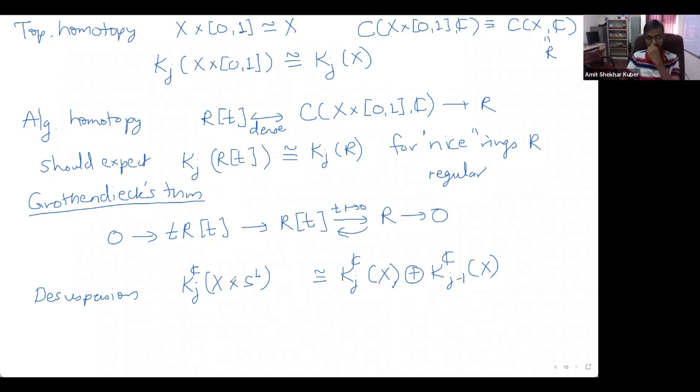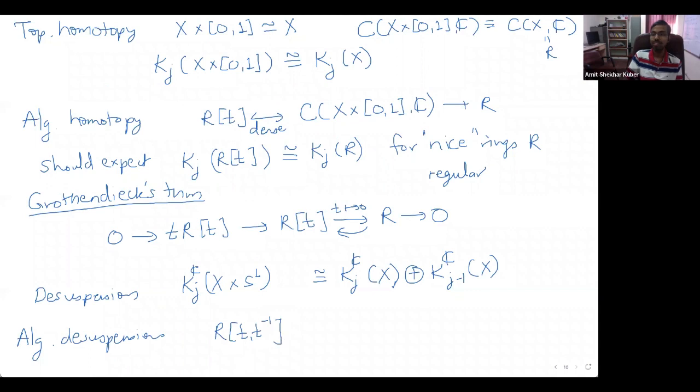What is the difference between 0, 1 and S1? Every element in S1 is invertible. Therefore, the corresponding algebraic desuspension should say something about the corresponding localization.